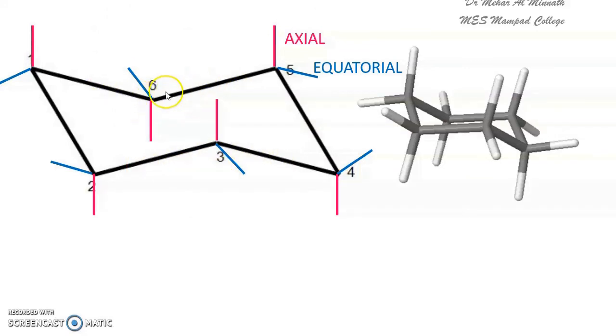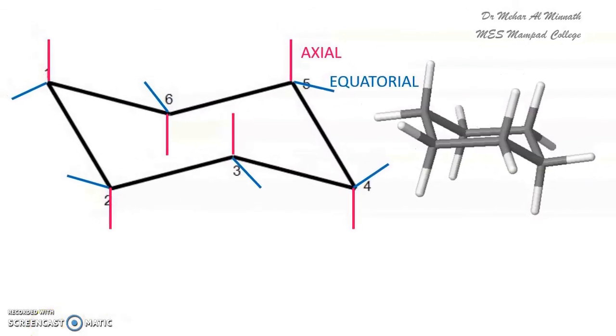Sometimes it will be falling along with the CC bond. So you must be careful while drawing it. If you practice once, twice or thrice, it will be easy for you. Alright, so this is how we draw the chair conformation of cyclohexane. Hope this is clear to you.